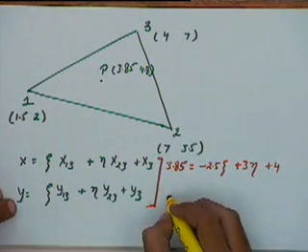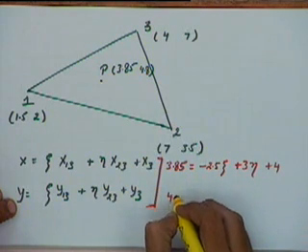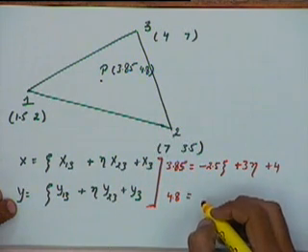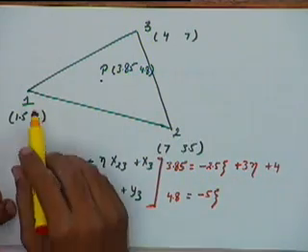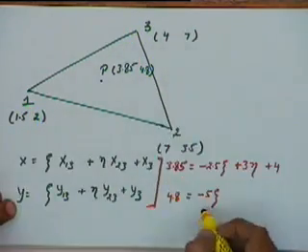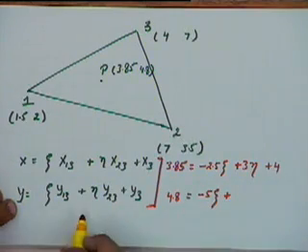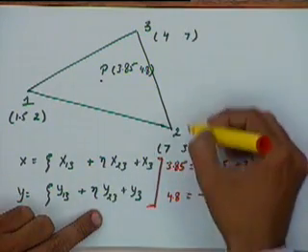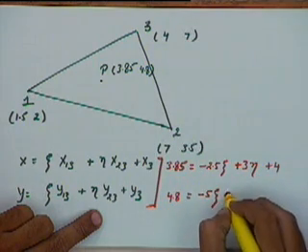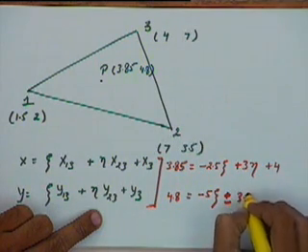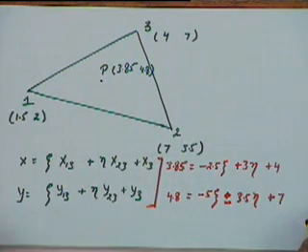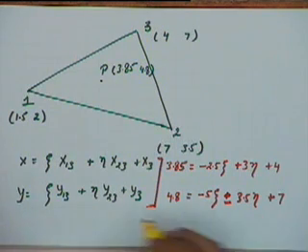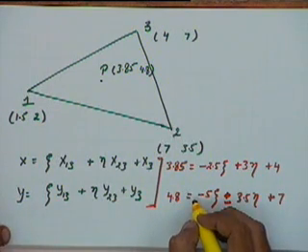Similarly, the y value is 4.8, so I get 4.8 equal to minus 5 zeta, which is y13, y1 minus y3, 2 minus 7 is minus 5, plus y23, 3.5 and 7, that will give me minus 3.5 eta, plus y3, which is 7. So these two equations I can solve simultaneously.